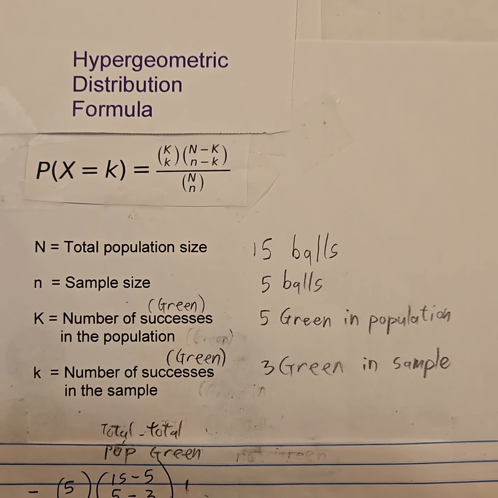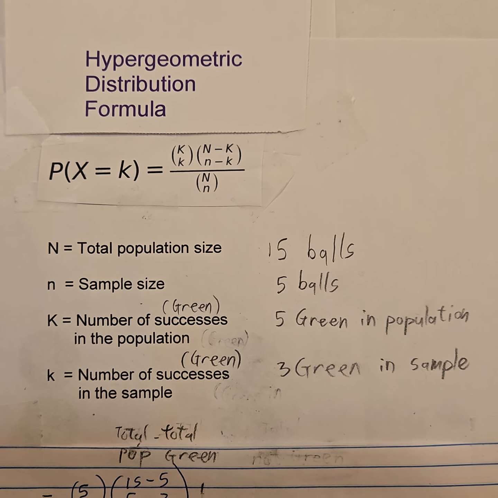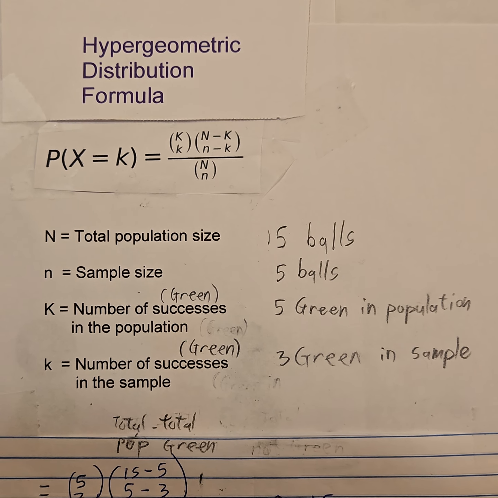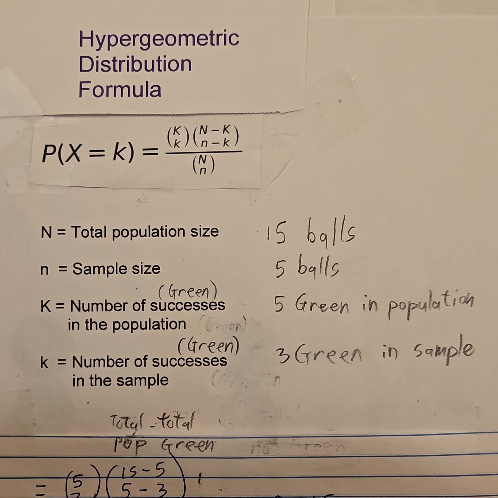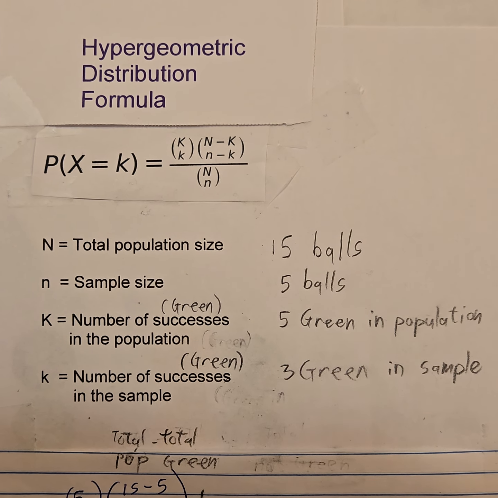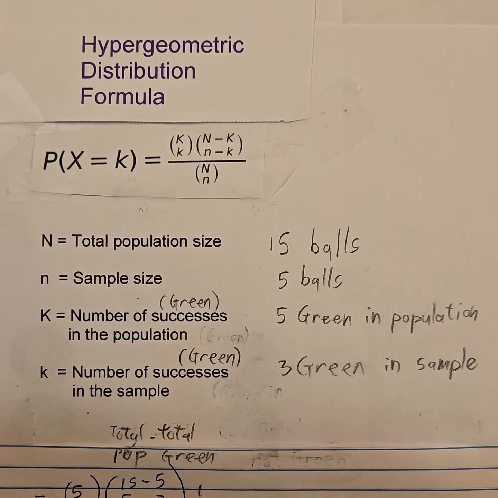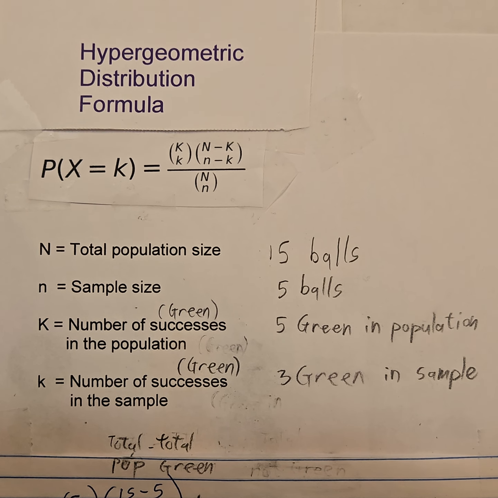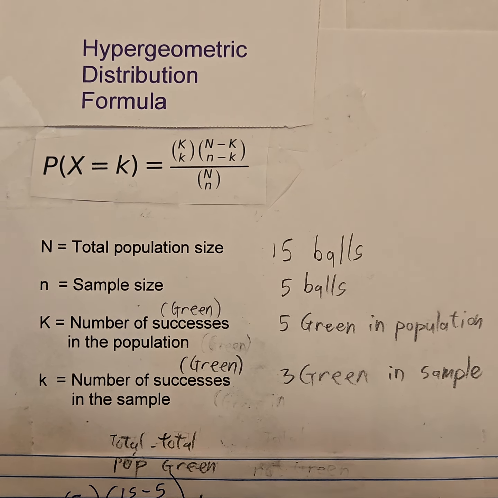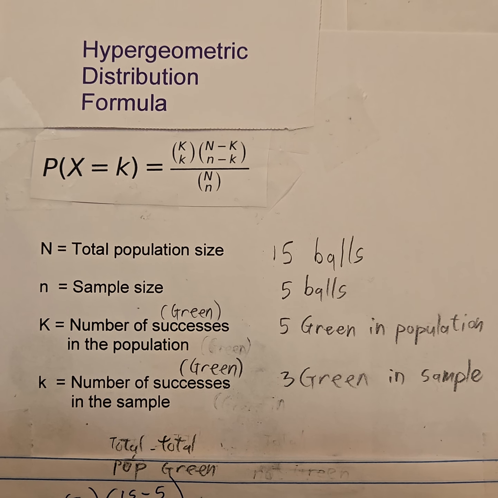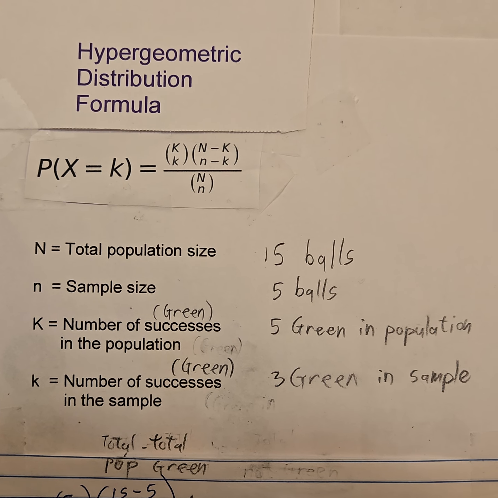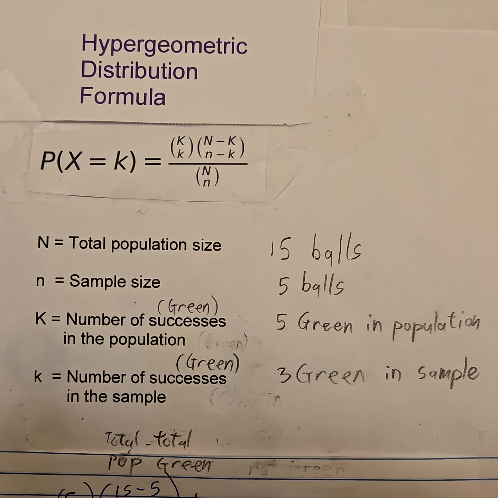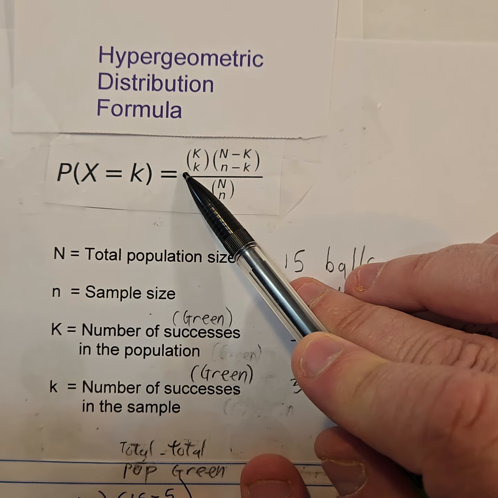If I just make up a question: we've got 20 people, 13 are adults, 7 are children. We take 3 at random. What's the probability 2 are adults? Same concept. Or you could have coins, nickels and dimes. So many nickels, so many dimes. You take a group of so many. What's the chance of having 2 dimes or whatever? And this is the formula.